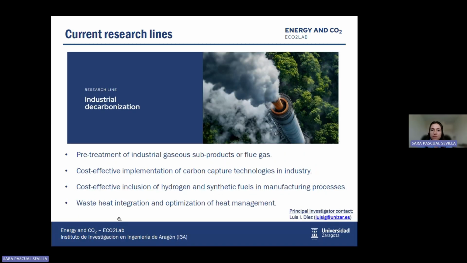And the last one, the 4th area, is the industrial decarbonization, which also includes the industrial gas pretreatment, the hydrogen and synthetic fuel integration, the waste heat recovery, and also the carbon capture in industrial processes. For further information, you can see here in this slide the contact, again Professor Luis Ignacio Diez.